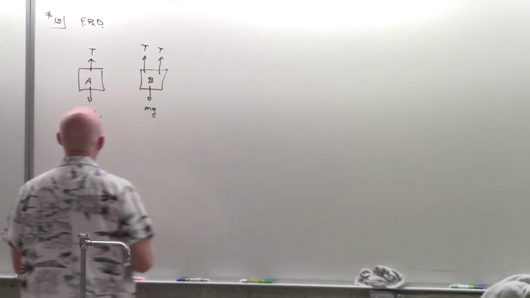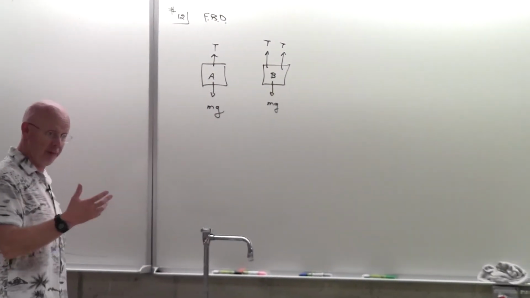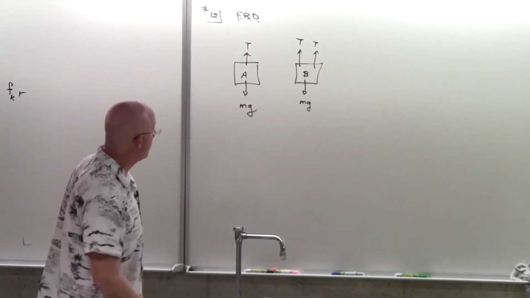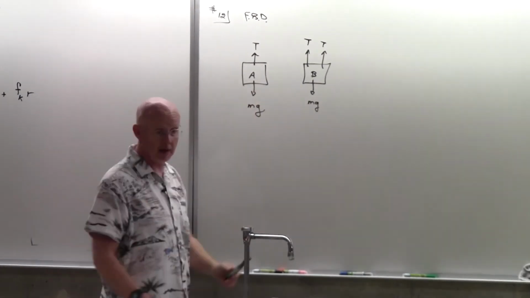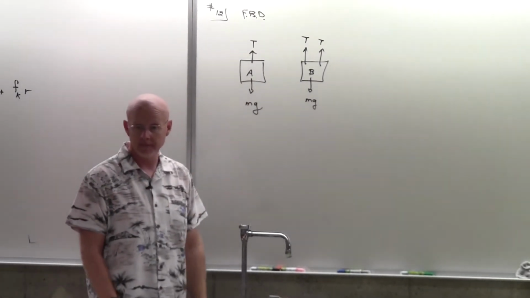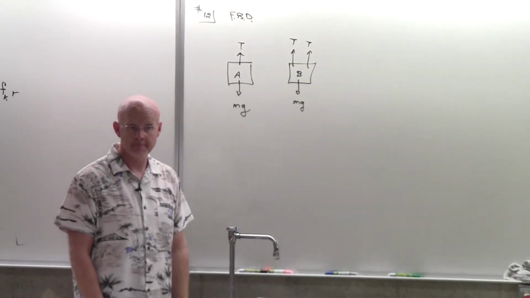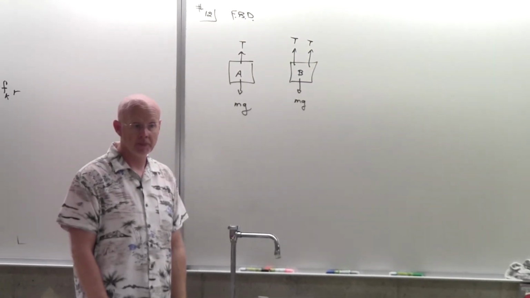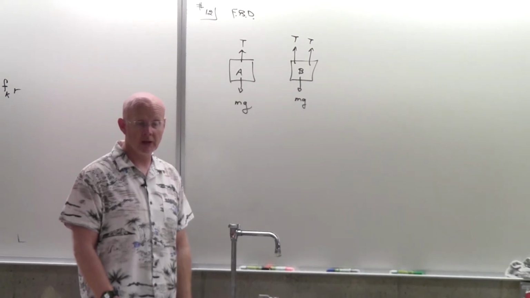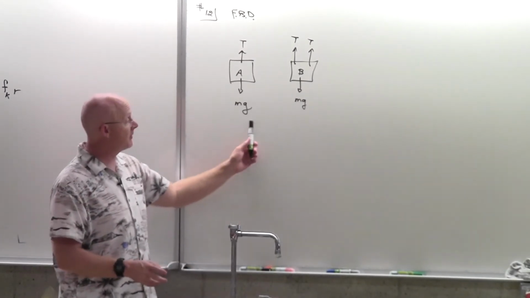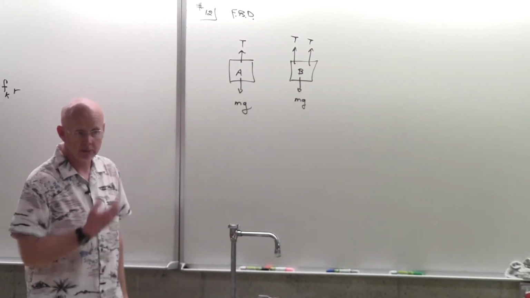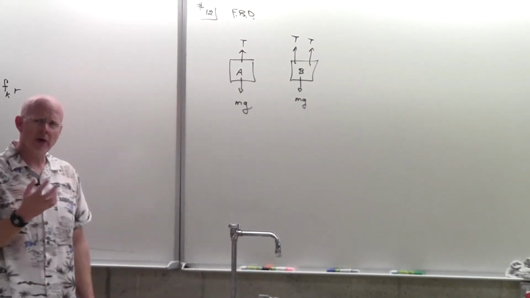But keeping this in mind, you will then see that the upward force on block B is more than block A, right? So they don't have the same upward force. Now they have the same downward force. They're each of equal mass. But what all does that mean?